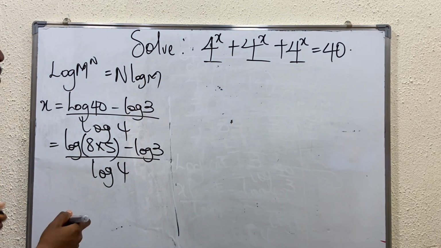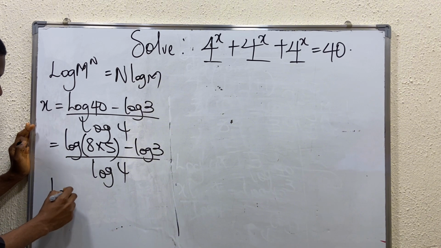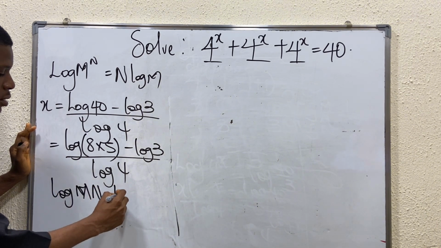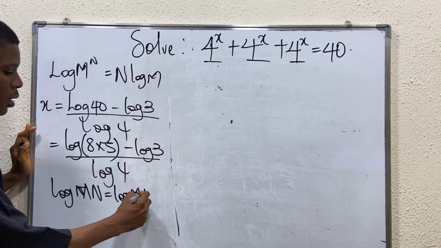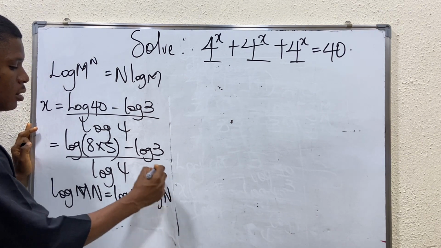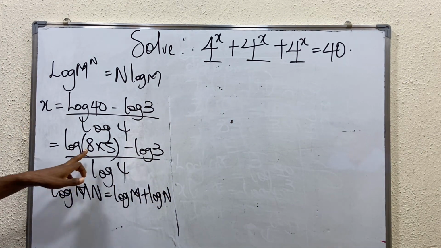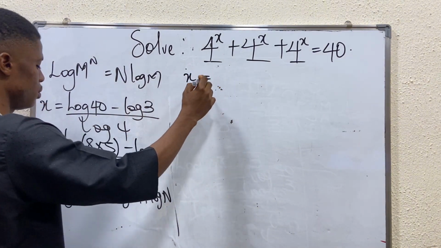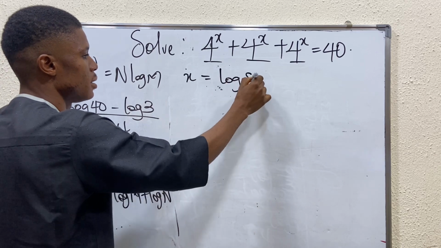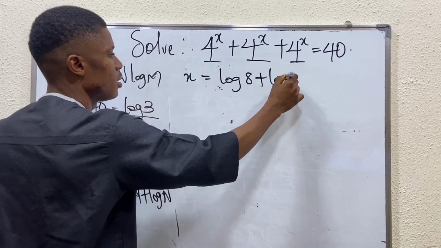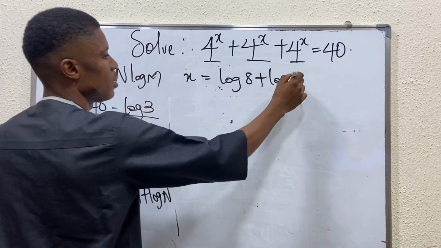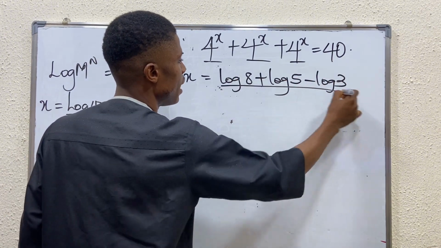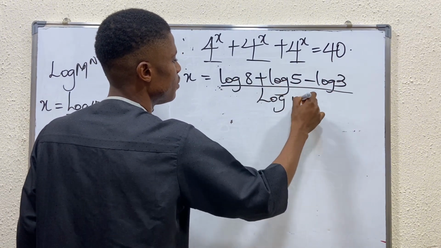When we are multiplying in logarithms, log of mn is the same thing as log m plus log n, nothing changed. So we are going to apply it here. We can write x equals log 8 plus log 5 minus log 3, divided by log 4.